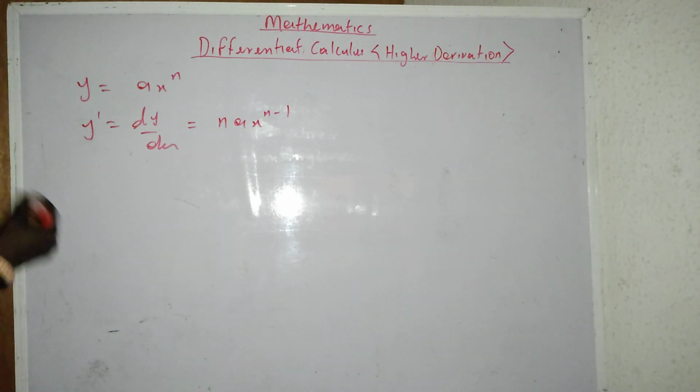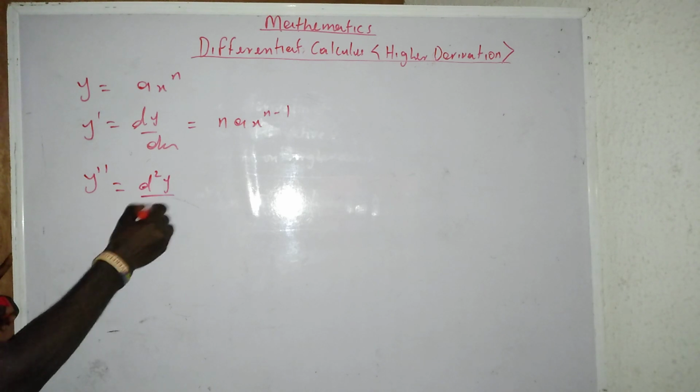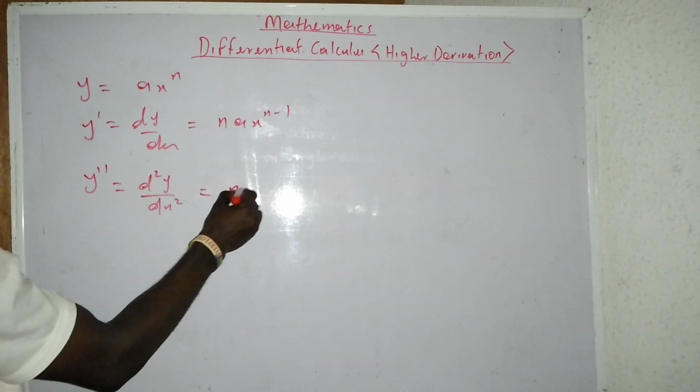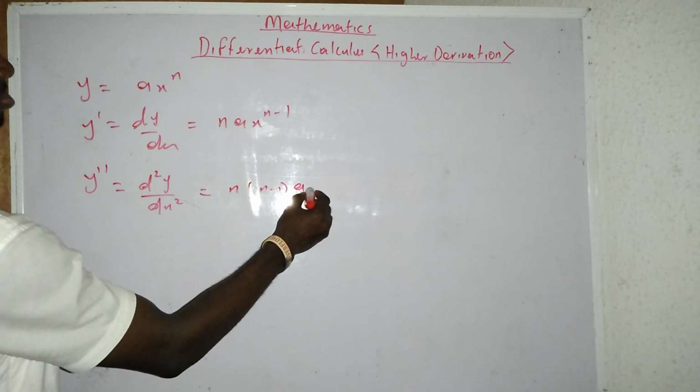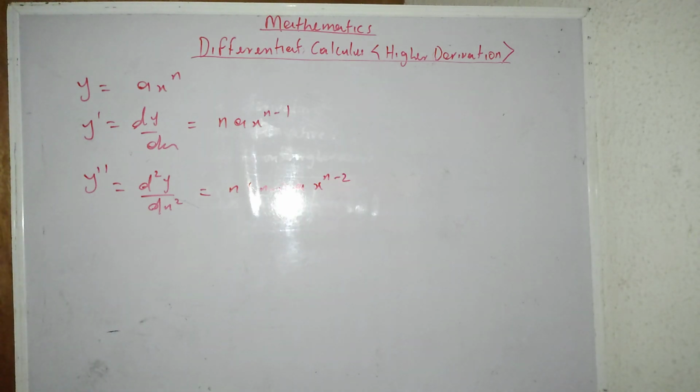Now, if I move on to the next one, I can call it d squared y, or y double prime, equals what? n times (n minus 1) times a x to the n minus 2. Now, this is my second derivative.